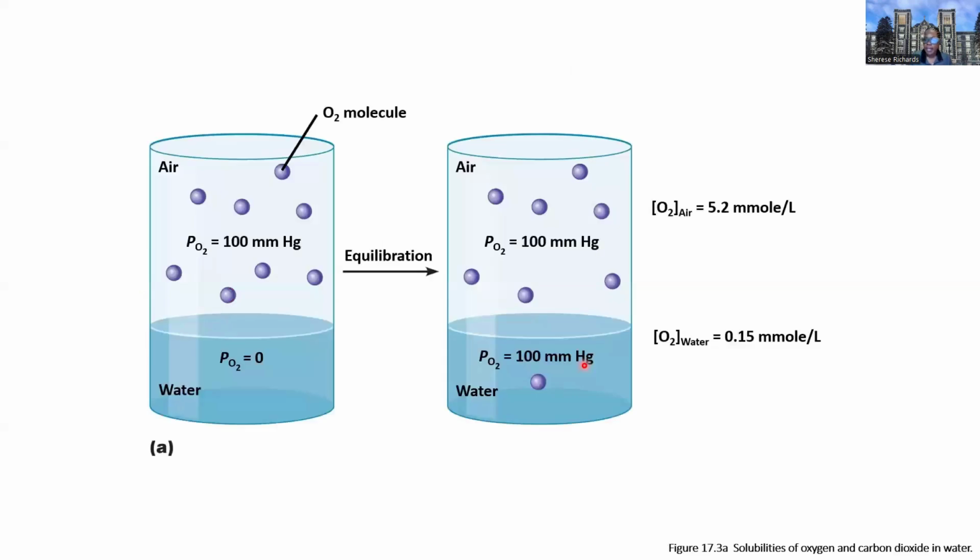Okay, let's describe that again, illustrating the same point: the solubility differences between oxygen and CO2, with CO2 being much more soluble. Let's look at our scenario on the left. This is our beaker of water exposed, and we want to consider that the amount of oxygen in the water to begin with is 0, and it is exposed to air at 100 millimeters of mercury in terms of the pressure of oxygen.